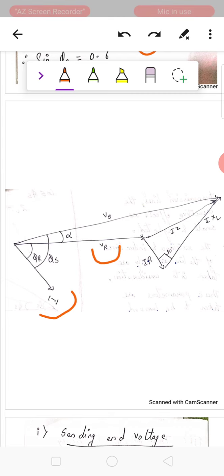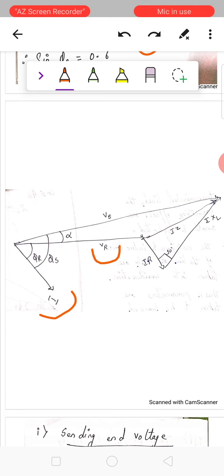Now with respect to VR, I have to draw the voltage drop in the resistor R. I hope in today's morning class you drew the equivalent circuit of the short transmission line that I had given, and then you can analyze. I have to draw IR as the voltage drop with respect to VR.